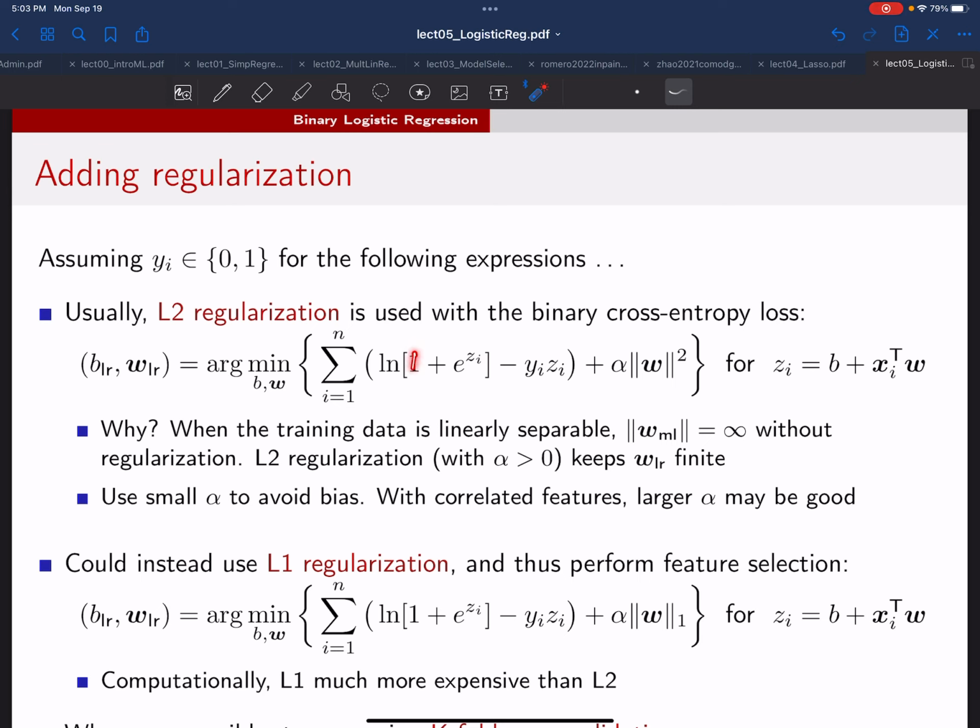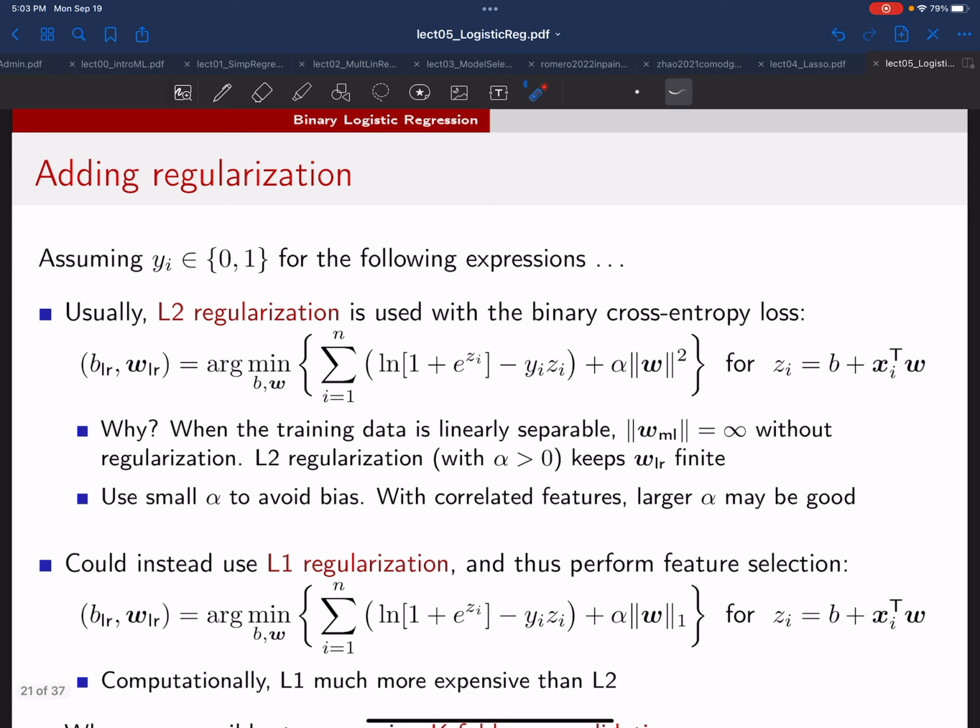But because the 1 is in there, it makes this term a little weaker than this. And so if you allow it to, you'll just make the zi's larger and larger in magnitude, and this whole thing will just get more and more negative. That's what happens without regularization. But if you put in just a tiny bit of regularization, a tiny value of alpha, that's enough to prevent that from happening.